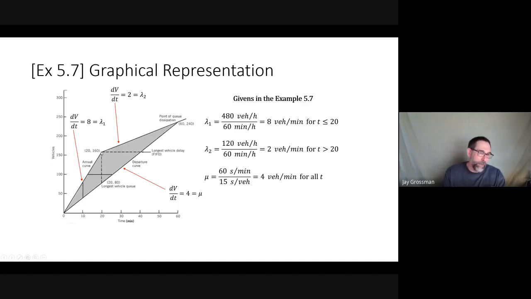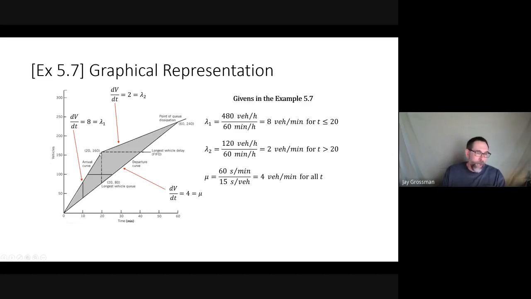At 20 minutes in, 160 vehicles have arrived by now. You can also look at it the other way around: at 240 vehicles, how long did it take for 240 vehicles to get there? You can plot across this way, 60 minutes. So those are ways to read this chart.